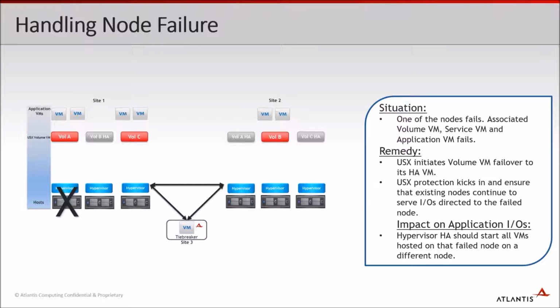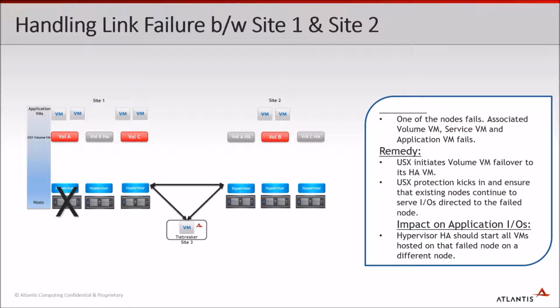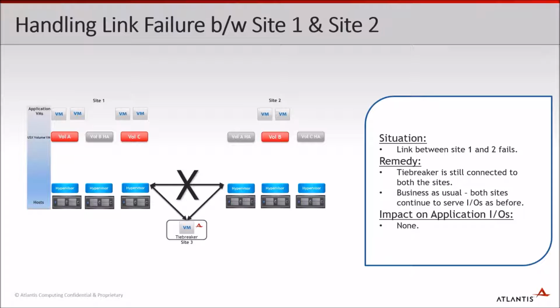The important point to understand is this failover happens typically within the timeout period of the application. If you're running applications on vSphere or Xen Server, and by the way, Atlantis Stretched Cluster is supported on both vSphere and on Xen Server, the timeout period is typically anywhere between 120 seconds to 180 seconds.